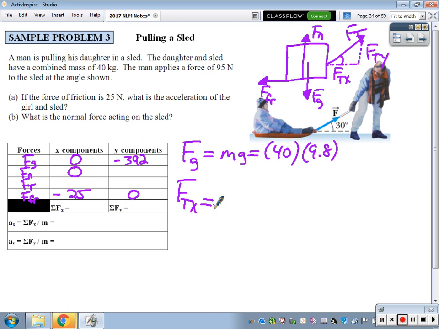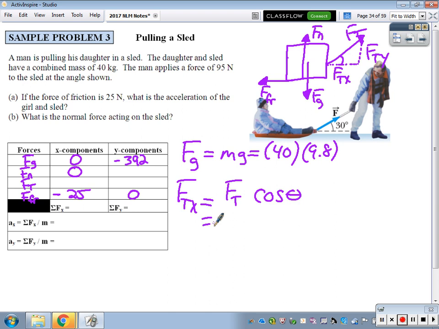Here's our right triangle. Is the x component the adjacent side or opposite side? It is the adjacent side. So we will take our hypotenuse, which is this. We know that information, and we will multiply it by the cosine of theta.